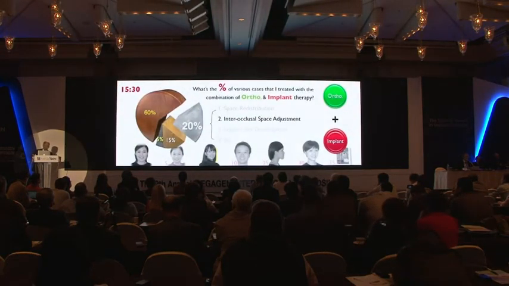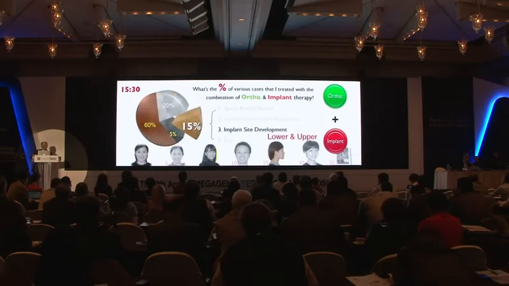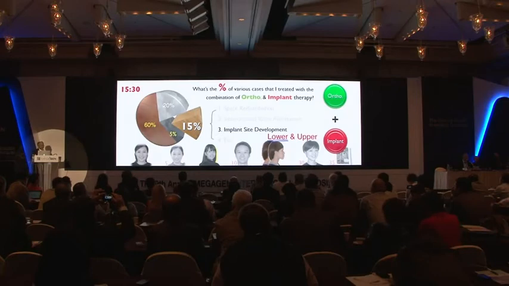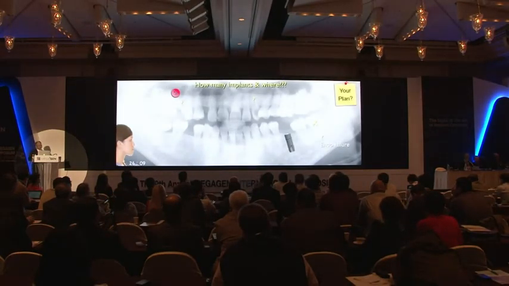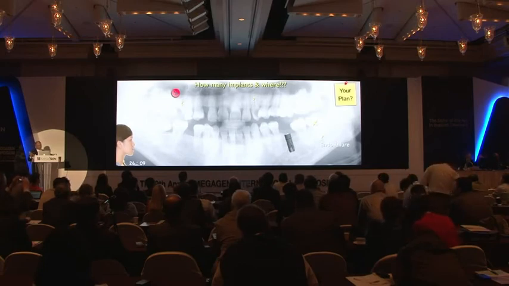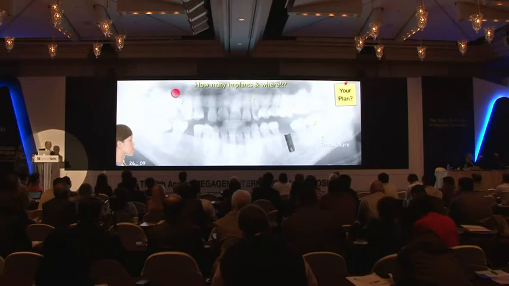So let's move to the third category, which is implant site development. We start with a case. Suppose you have a case like this, and unfortunately the patient wanted to close all the space, and after the endo treatment, the general dentist told me the endo had failed.